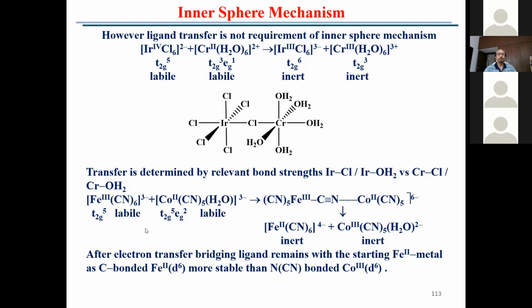Now, if you look at this iron 3, this is low spin. Cyanide is a strong ligand, so t2g5, and cobalt 2 pentacyano. So this is cobalt 2, so it will be high spin. Remember, most of the cobalt 2 compounds are high spin, barring only I think 1 or 2 compounds that are low spin.